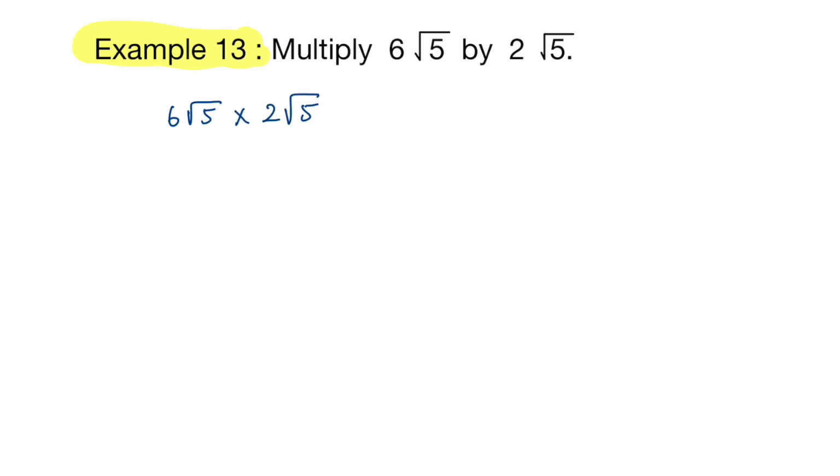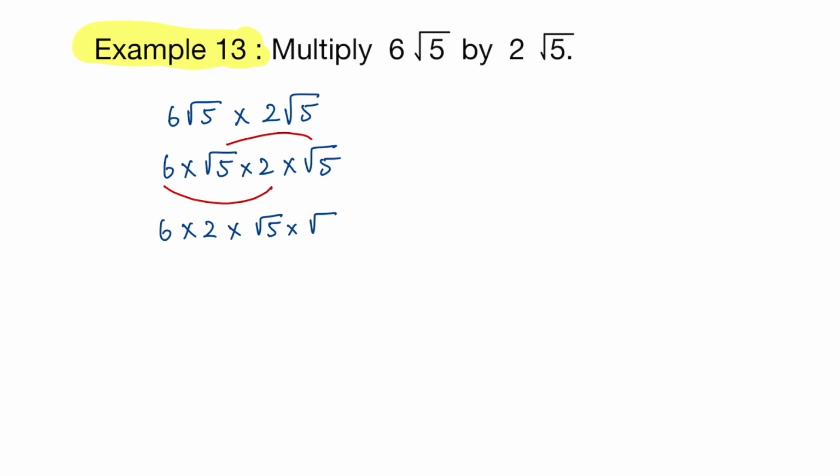Now you can just write it as 6 into root 5 into 2 into root 5, right? I can obviously separate it like this and write. Now again I am just going to do a simple grouping and those sort of multiplication, right? Let me just draw it here. Okay, so 6 into 2 into root 5 into root 5.